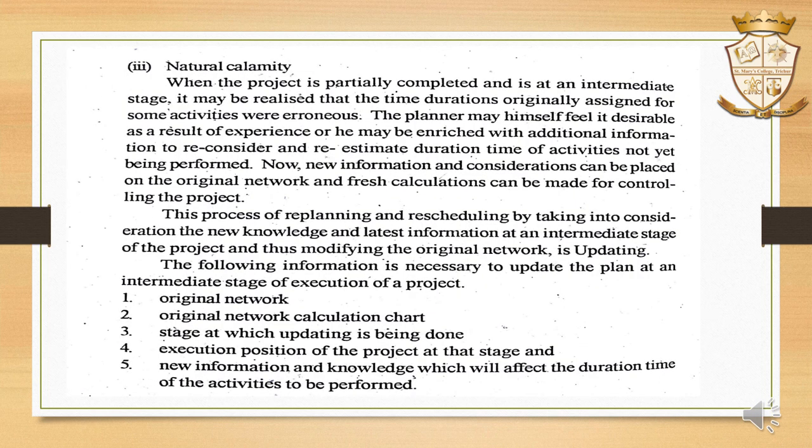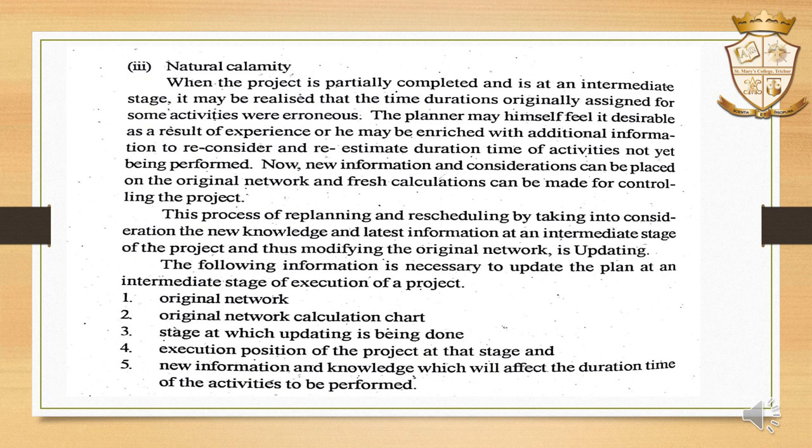Updating is the process of replanning and rescheduling by taking into consideration the new knowledge and the latest information at an intermediate stage of a project, and thus modifying the original network.